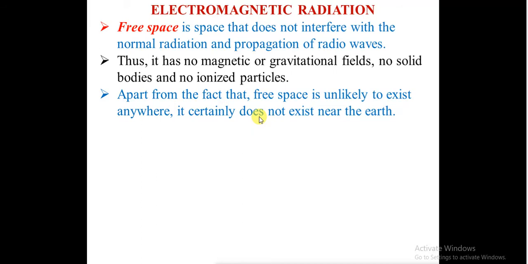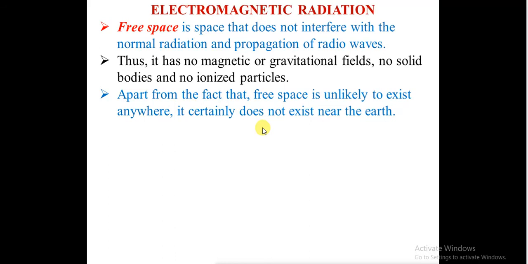The free space is unlikely to exist anywhere. It does not exist near the Earth's surface because there are many things surrounding the Earth's surface. We can say planets, sorry, they are outside the Earth's atmosphere.